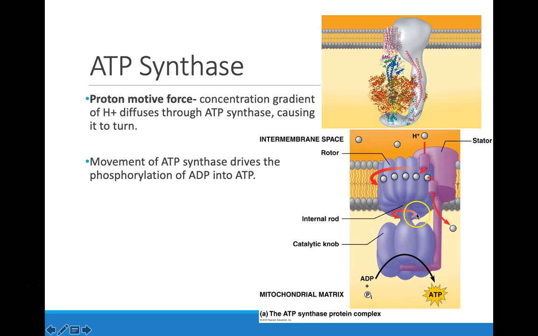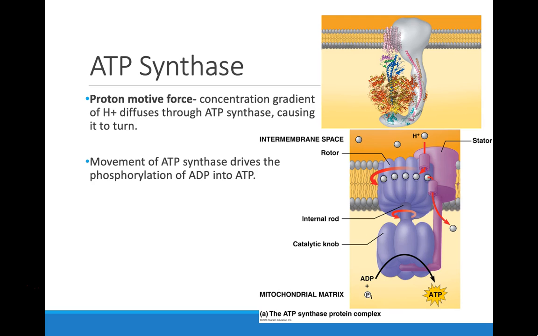When that happens, you actually get mechanical turning of the bottom, and when that protein turns, it phosphorylates ADP and produces ATP. This ATP synthase molecule is the protein that's doing all of the ATP production, and it is this oxidative phosphorylation step that uses chemiosmosis and proton motive force to produce the bulk of the ATP in our cell.